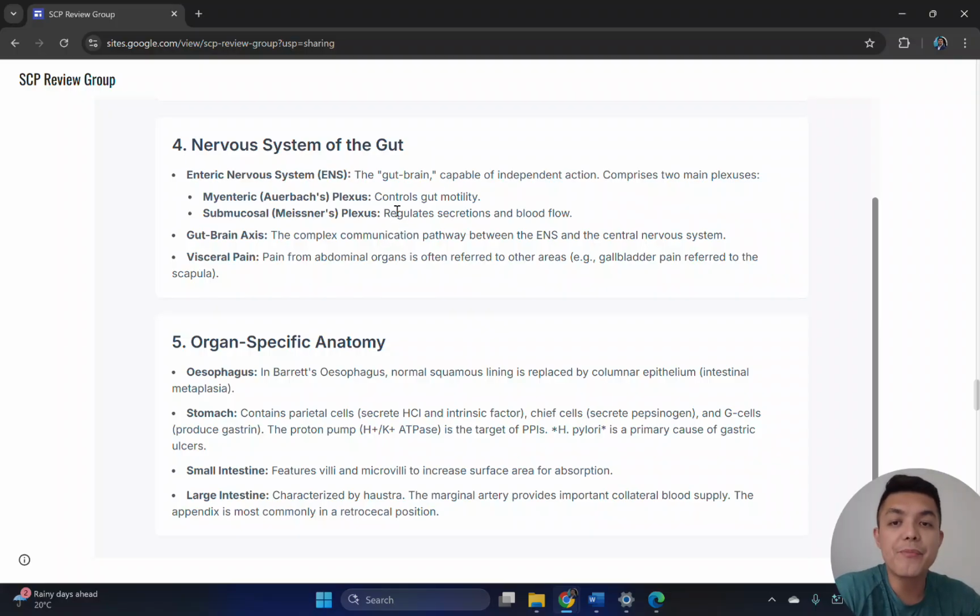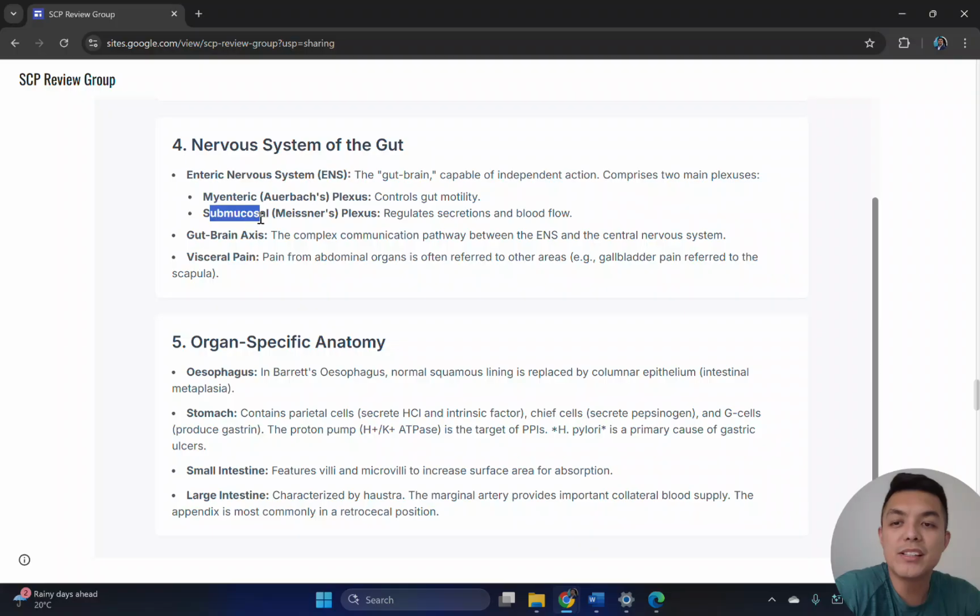So Auerbach, this controls gut motility, the moving of the gut. And this is the myenteric. Motility, myenteric motility. And its surname, Auerbach. So that's the Auerbach's plexus. Next is submucosal.